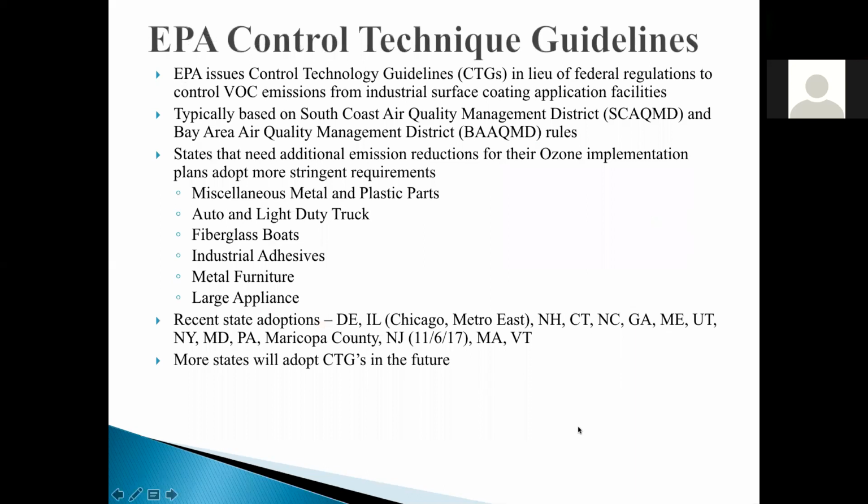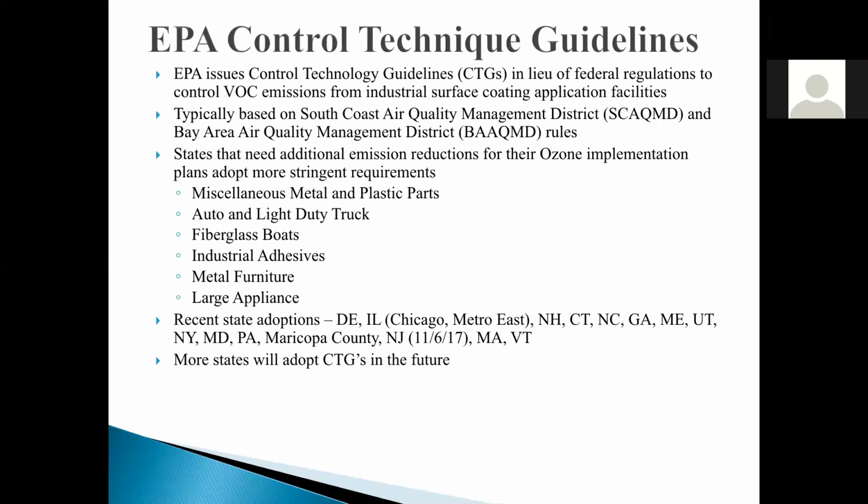Okay, so what happens? EPA develops something called a Control Technique Guideline, or CTG. These are model regulations or guidelines for states that need further VOC reductions. The states can look to these guidelines as they develop their standards.